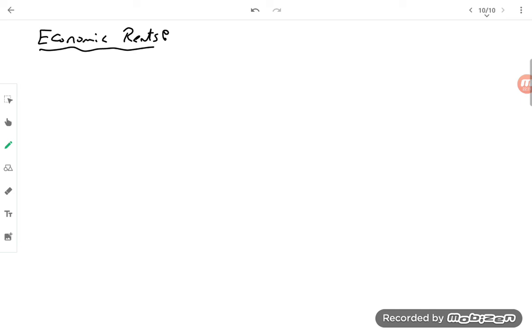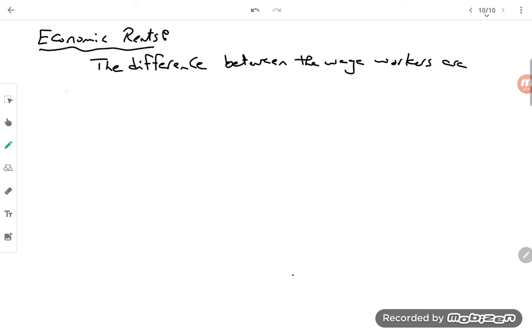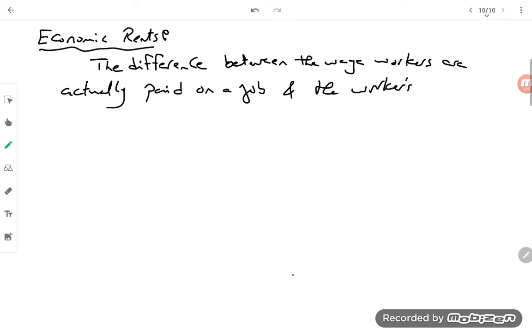Economic rents can be defined as the difference between the wage rate workers are actually paid on a job and the workers' reservation wage.